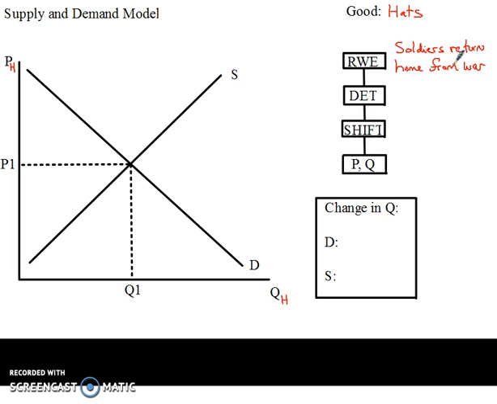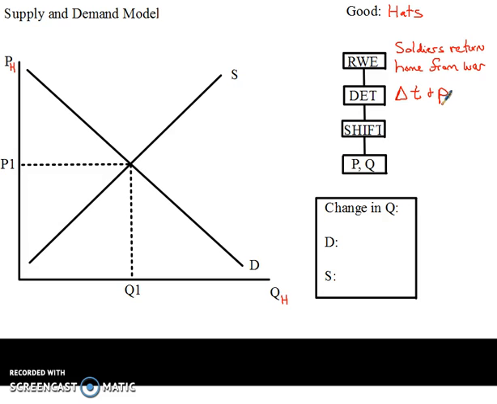So they come home and they don't really wear hats like people used to. And that determinant that matches up with that real world event then is called a change in tastes and preferences. That's just kind of my shorthand right there.